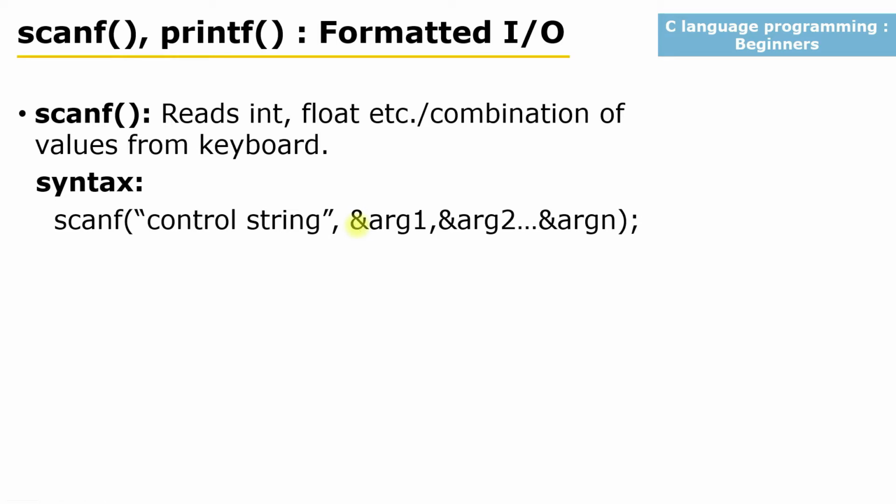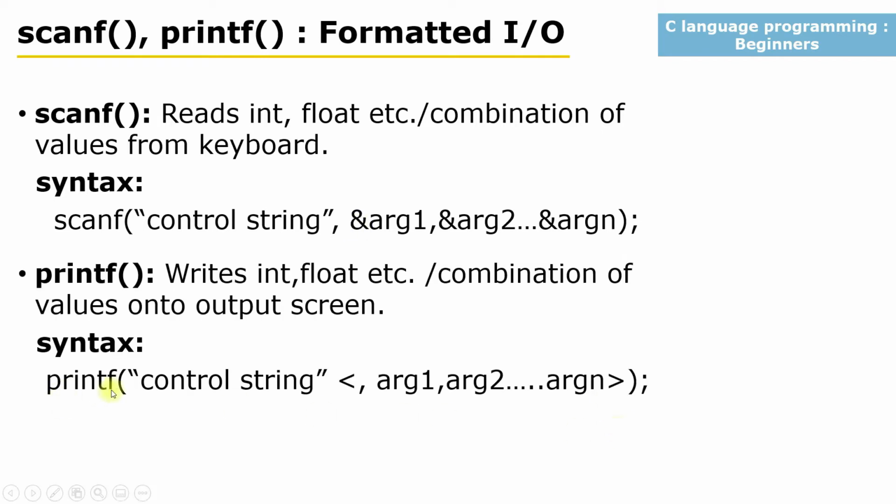Now, let's see the syntax for the printf function. This is the syntax. printf, we should write the control string. Again, string means we need to represent it between double quotes. Comma, we must write argument 1, argument 2 and so on, n number of arguments. One more thing to note here, for this scanf, we must give arguments. But for the printf, arguments are optional.